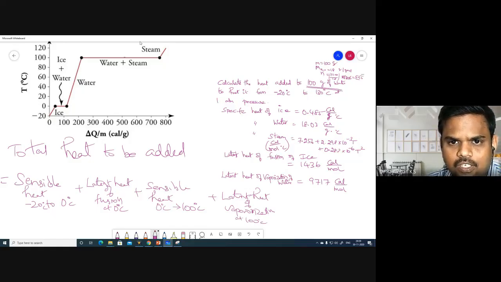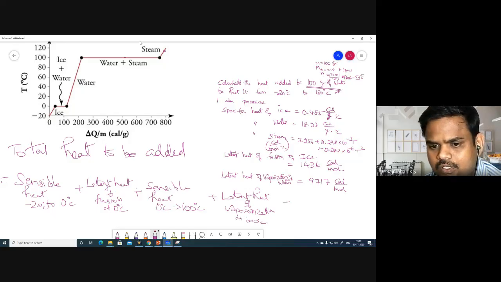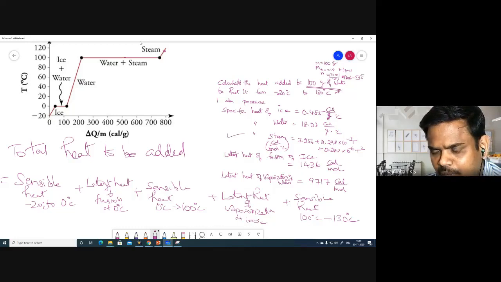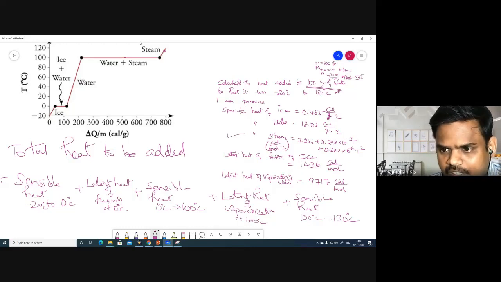Then further we have the sensible heat to heat the steam from 100 degree Celsius to 130 degree Celsius. Only for steam we have to determine as a function of temperature, so for the Cp delta T formula the integration we will do from 100 to 130. The remaining are directly given, and you can calculate.